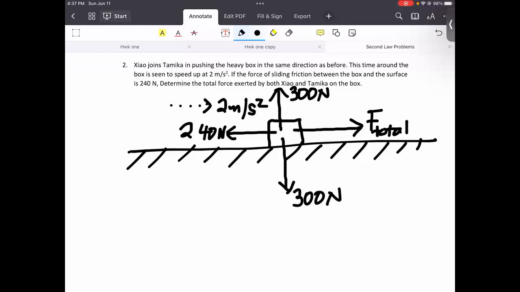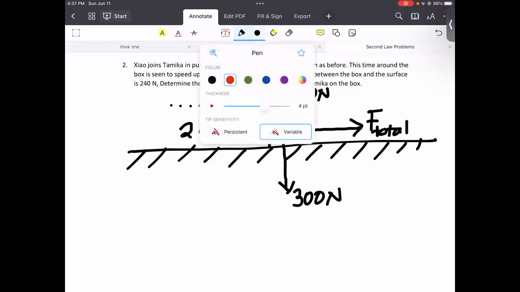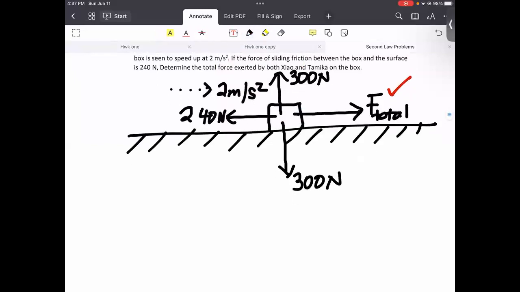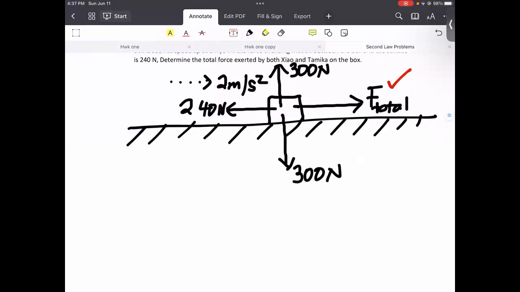Okay, so I have my acceleration. I have all the information given, and my job is to find what is the total force that is exerted by Xiao and Tamika. Okay. All right, so let's see. Well, this has to do with Newton's second law of motion, because I see that I'm told about the mass of the box, 30 kilograms.